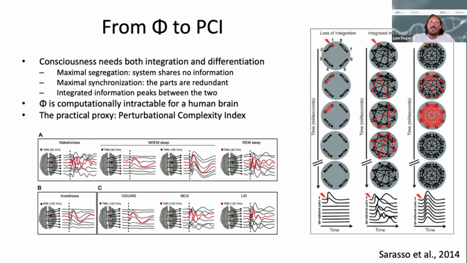And in the case of maximal synchronization, the stimulus would maximally travel through the system and basically cause the same reaction in every region, which makes this redundant. And according to IIT, the optimal spot would be somewhere in the middle there. And from this, they derived a measure that distinguishes different states of consciousness.